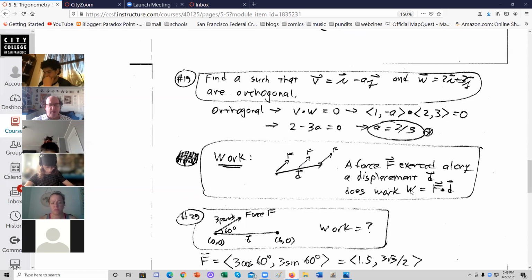It's a form of energy, equal to F dot D. So for example, if the force and the displacement are in the same direction, then the dot product is positive and it's a positive work. If they're in opposite directions, then the force is pushing against the displacement, so the work is negative. And if they're at right angles, then the force does no work in the direction D.